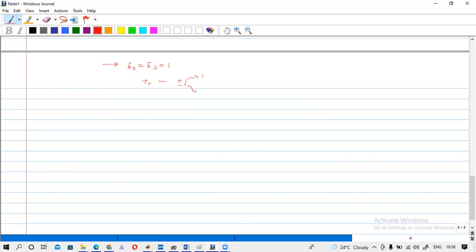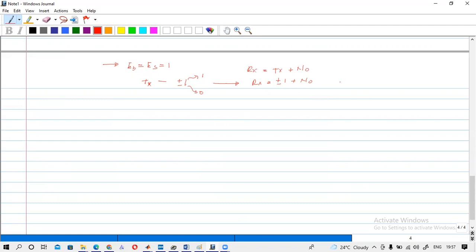If it is minus, it means 0. So this will be the transmitted signal, and our received signal will be the transmitted signal plus noise.